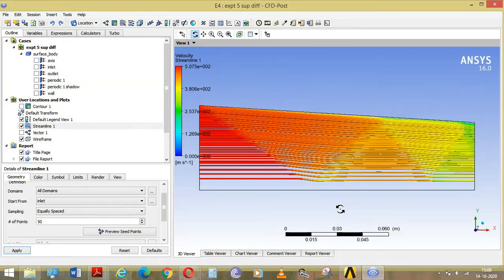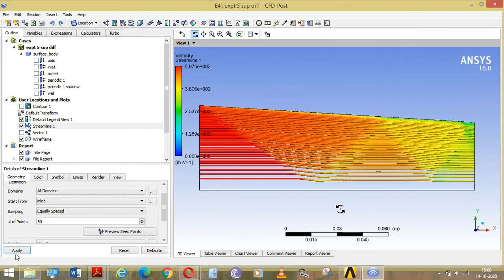That's all. So finally, to conclude this, what you have to understand is how the flow behaves over different shapes of objects in subsonic and supersonic flow. We have used ducts for analyzing both subsonic and supersonic flow, that is diffuser and converging and diverging ducts.